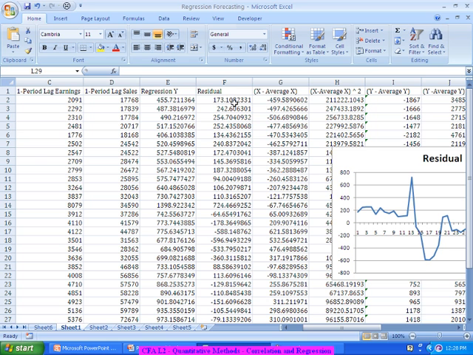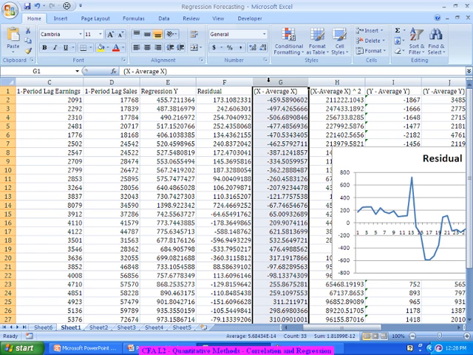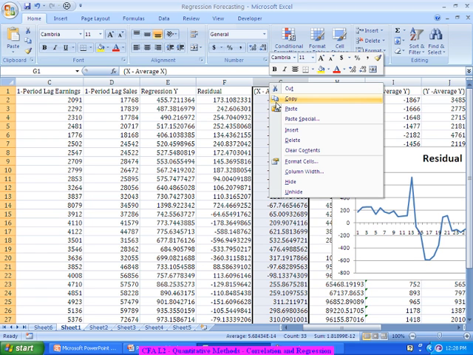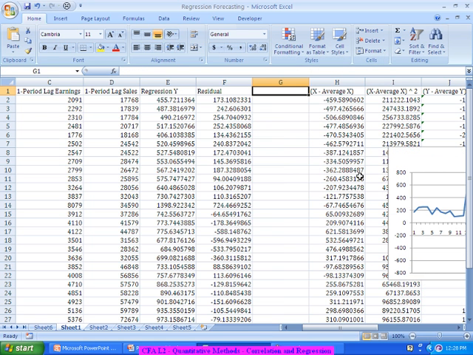The residuals we got, I'll do the residual square directly.